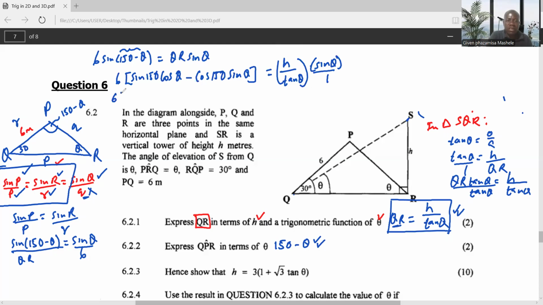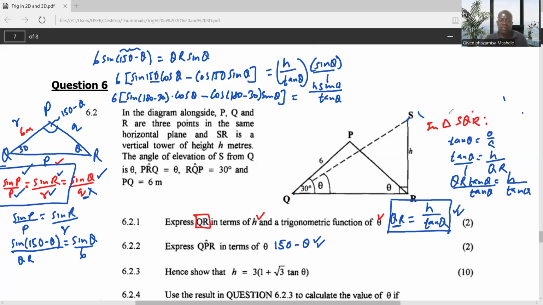Remember, without using a calculator, you have to change this 150 to be 180 minus 30 as a reduction formula. Cos theta, cos 180 minus 30, sine theta. Let's multiply the numerator. This becomes h sine theta over tan theta.